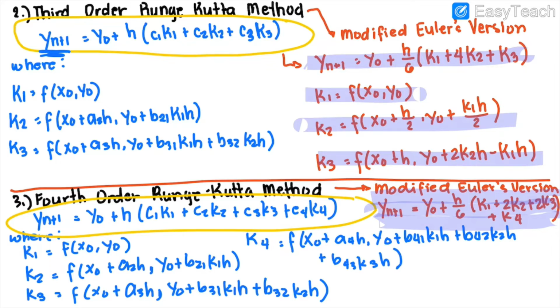Then derive the values of K1, K2, K3, and K4 for the modified Euler's version, where again the values of C1, C2, C3, and C4, A2, A3, and A4, B21, B31, B32, B41, B42, and B43, these are 13 constants. The values of these constants vary with the specific 4th order method.